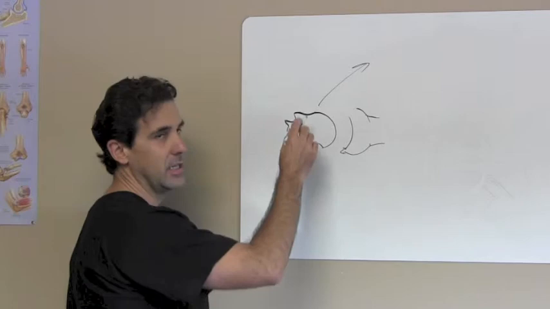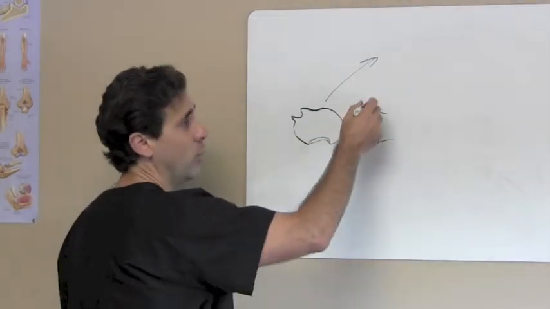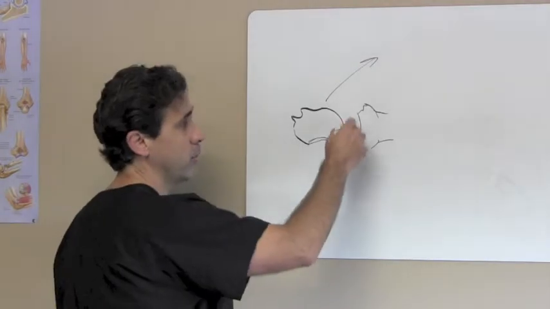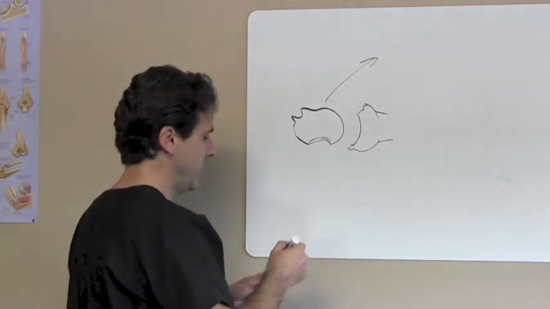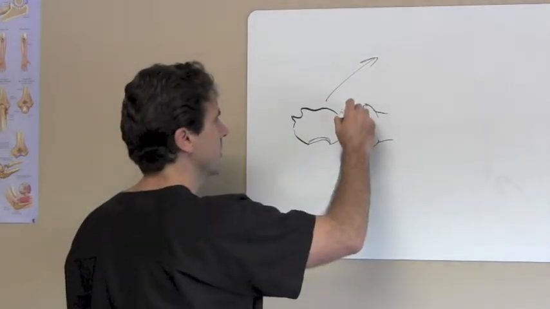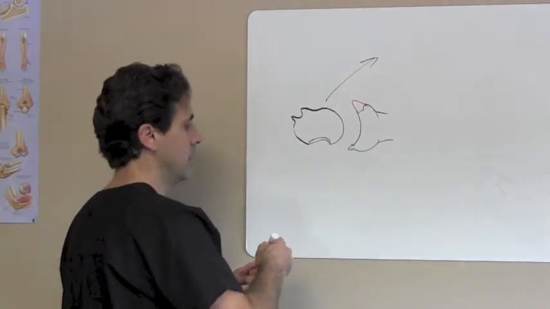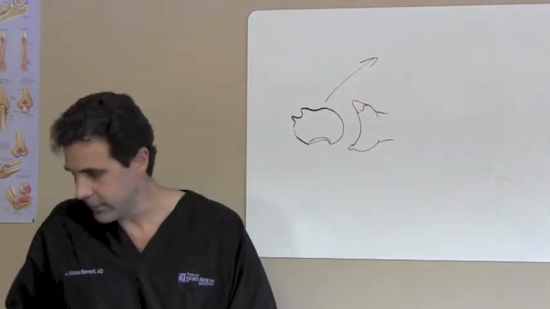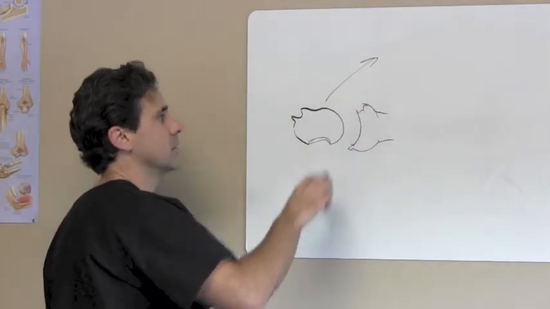That's that indentation in the head that we mentioned before. In addition to that, you can actually get wearing away of the bone on the cup portion of the glenoid here. And so this glenoid that used to be a nice concave structure like that now gets worn down to a flat surface because of the multiple dislocations.